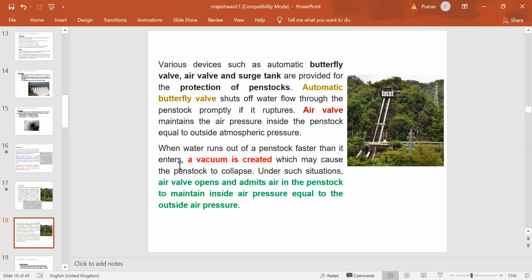When the water runs out of a penstock faster than it enters, a vacuum is created which may cause the penstock to collapse. Under such conditions, the air valve opens and admits air into the penstock to maintain the inside air pressure equal to the outside air pressure. So these are the butterfly valves, air valve, and surge tanks provided for the protection of penstocks.